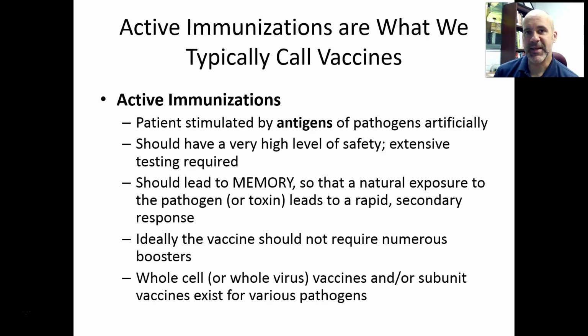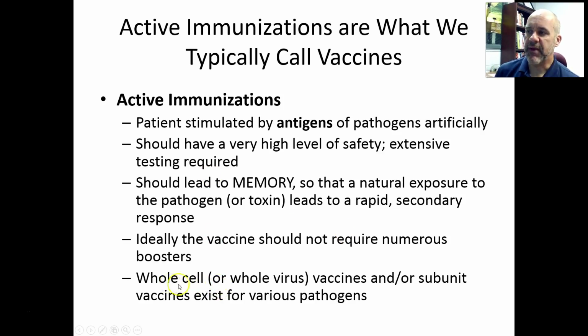But some vaccines, the primary response is so good and the memory that develops from it is so strong that you don't need any boosters. But others, the immunity that's generated, maybe it's only limited to antibodies and not really T cells, or maybe the memory that's generated isn't all that long lasting. Those are the vaccines where you have to go back and get boosters to try to increase the memory that your immune system has to that particular antigen.